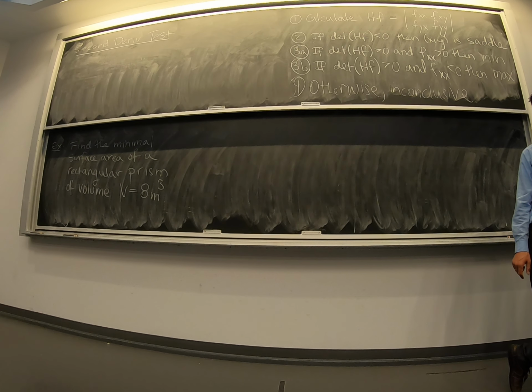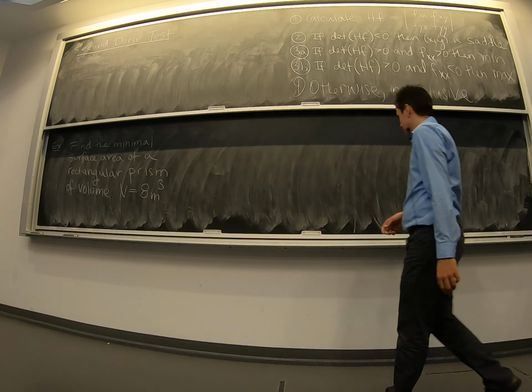So we'll find a minimal surface area of like a rectangular prism, so a rectangular box or a rectangular thing.